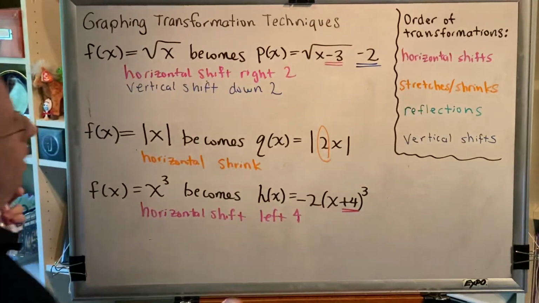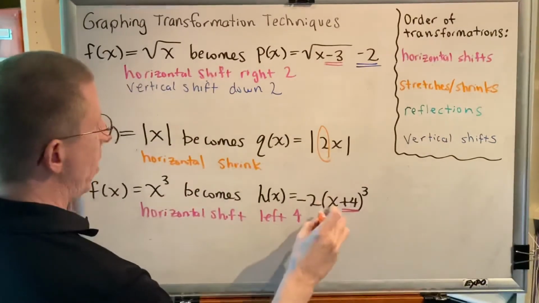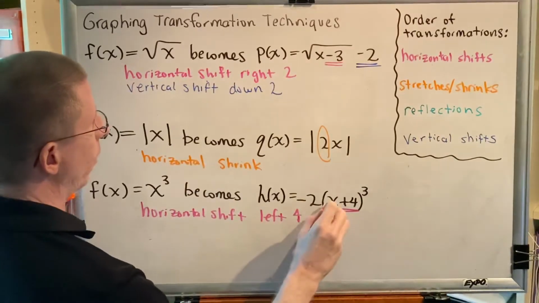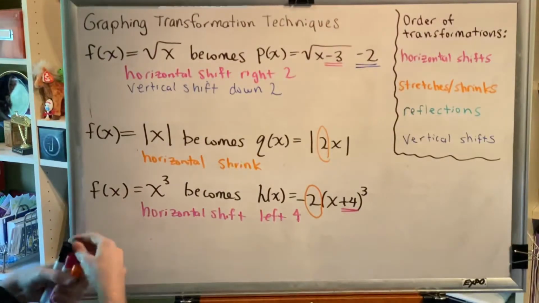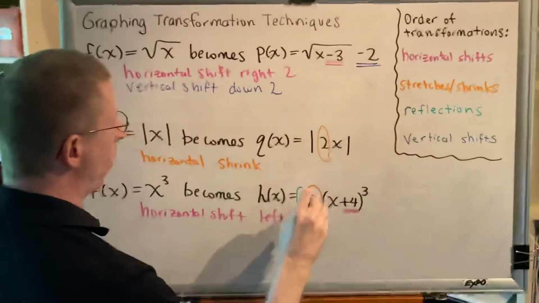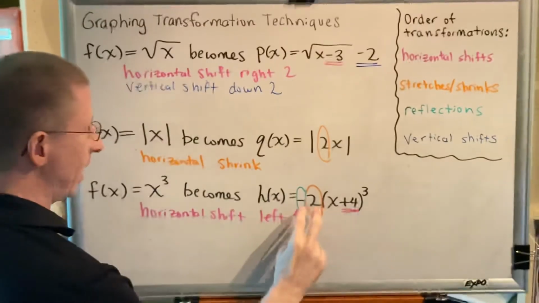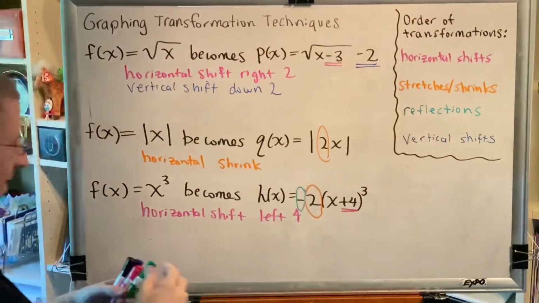This one's a little tricky. This -2 is actually 2 transformations at the same time. -2 is the same thing as multiplying by 2 and then multiplying by -1. So this part of the number is a stretch or a shrink, and this part of the number, multiplication by -1, is a reflection.